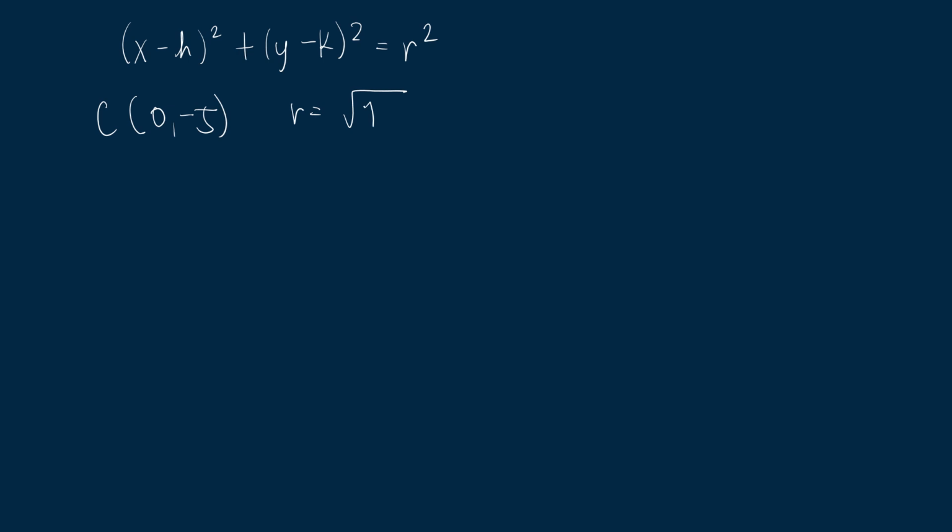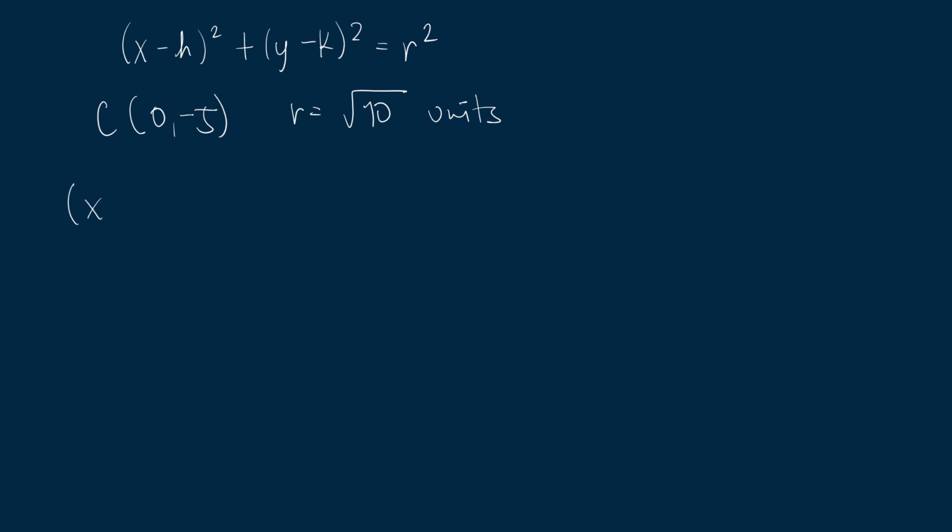Applying the standard equation of the circle, we have (x minus h) quantity squared plus (y minus k) quantity squared is equal to r squared. Given the center at (0, -5) and the radius with the length of square root of 10 units, let us substitute the values.